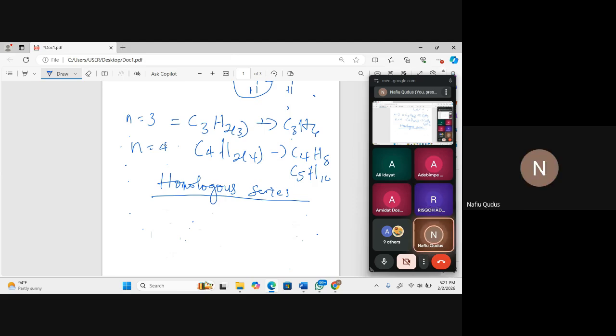Okay, without wasting much of our time, homologous series. Homologous series is a family of organic compounds which follows a structural pattern in which two consecutive members differ in molecular formula by CH2 and molar mass by 14 units.